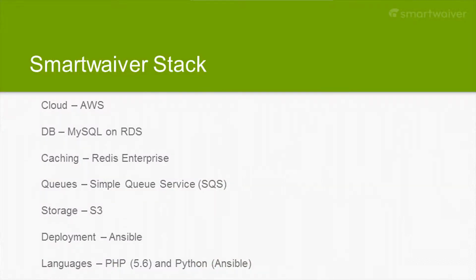And as always, all the techies want to know what stack we're using. We're all in on AWS. And just like everybody else, when S3 failed, we were down too. MySQL, Redis for caching. We use the Simple Queue Service for all the queues.